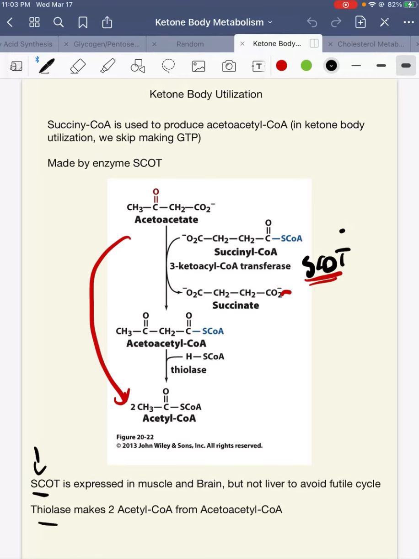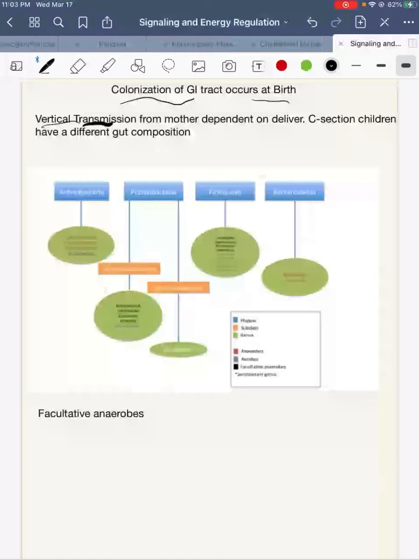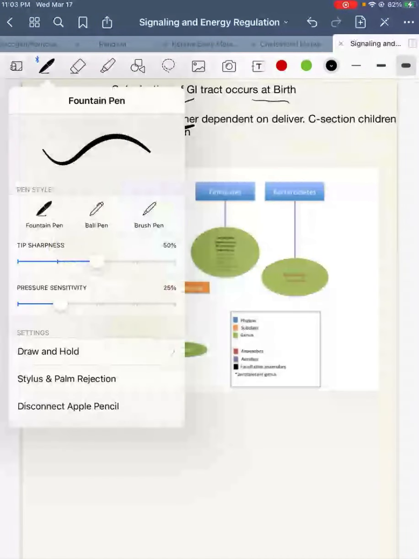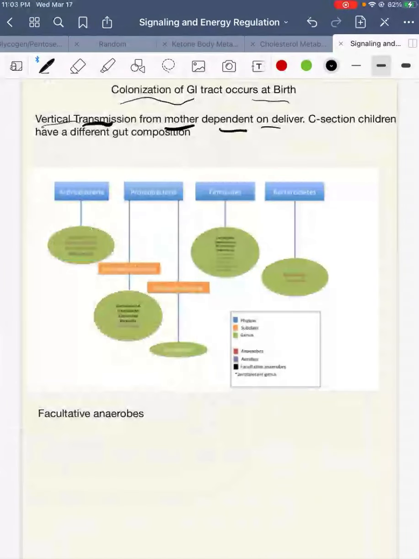There we go. Vertical transmission of mother is dependent on the delivery. So whatever microbiome the mother had, it will be very similar to the child. And whenever you have C-section children, they actually have a different gut composition than their mothers because it's not the same as the vertical transmission from normal birth.